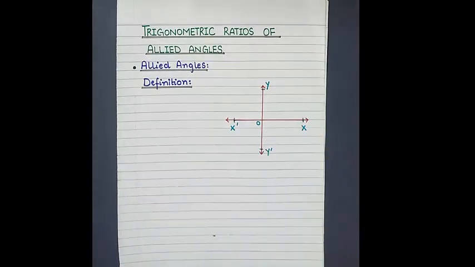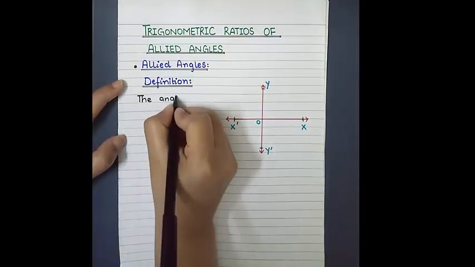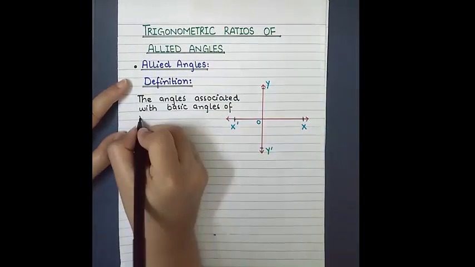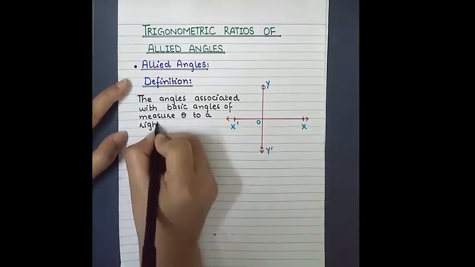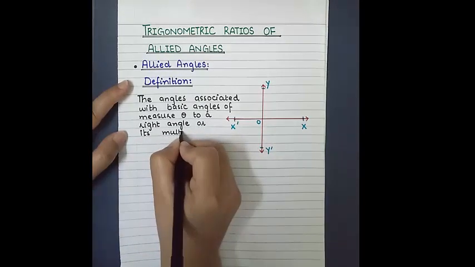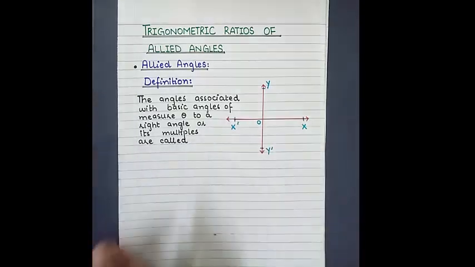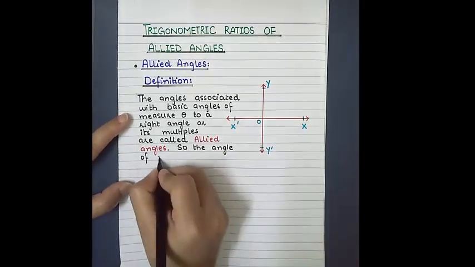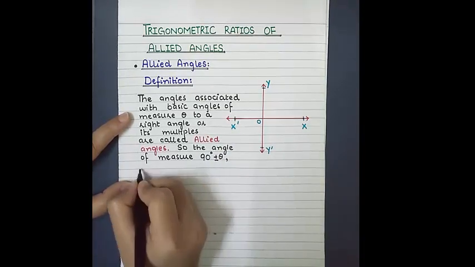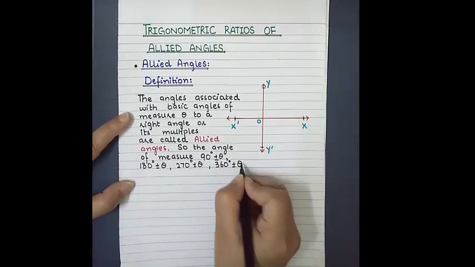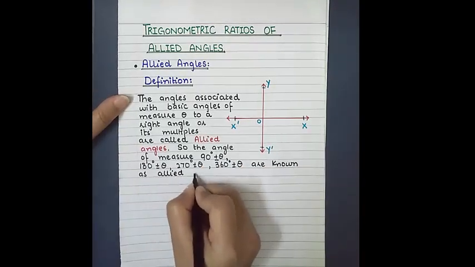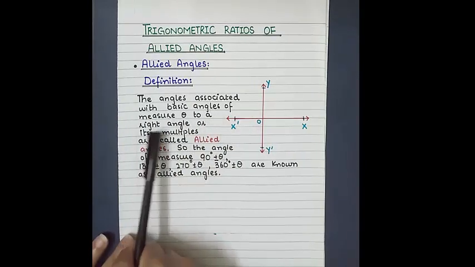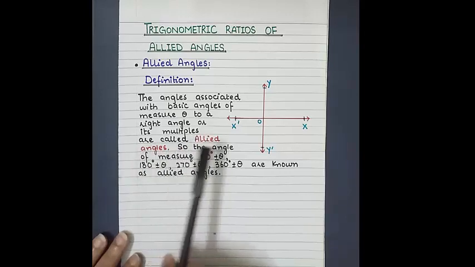So writing the definition, we have: the angles associated with the basic angles of a measure theta to a right angle or its multiples are called allied angles.